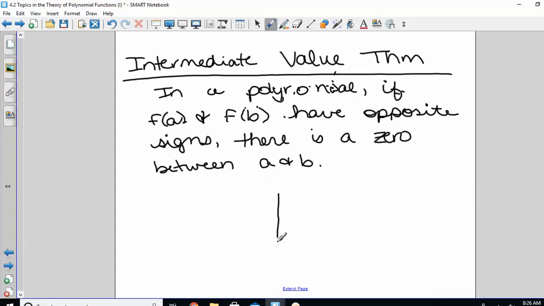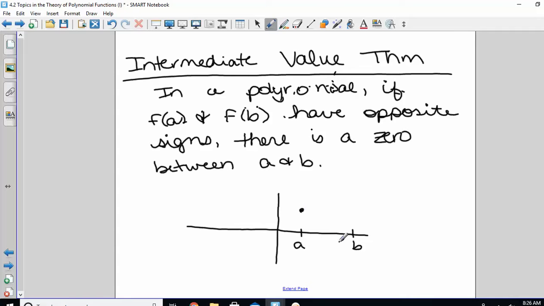Here's what that means. Let's say I have a and b. Those are just two x values. If f of a and f of b have opposite signs, that means the y at each of them, one of them has to be positive and one has to be negative.